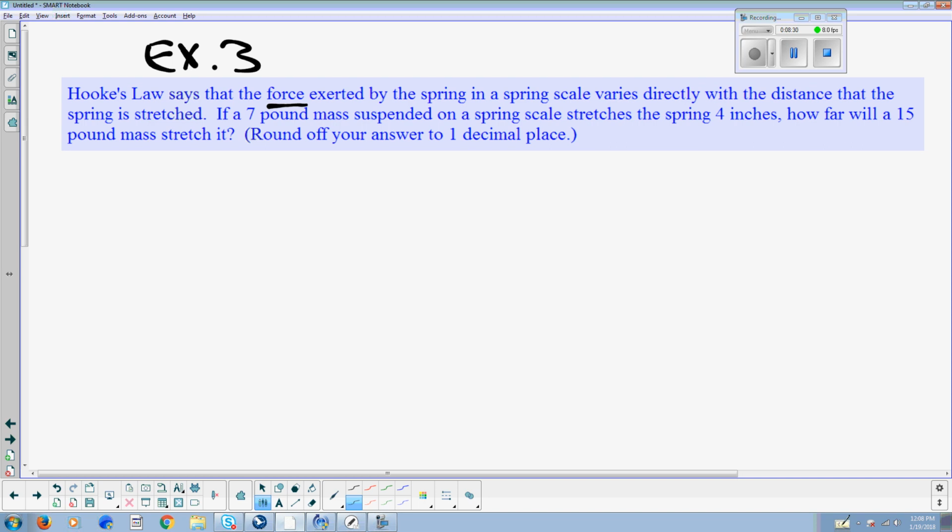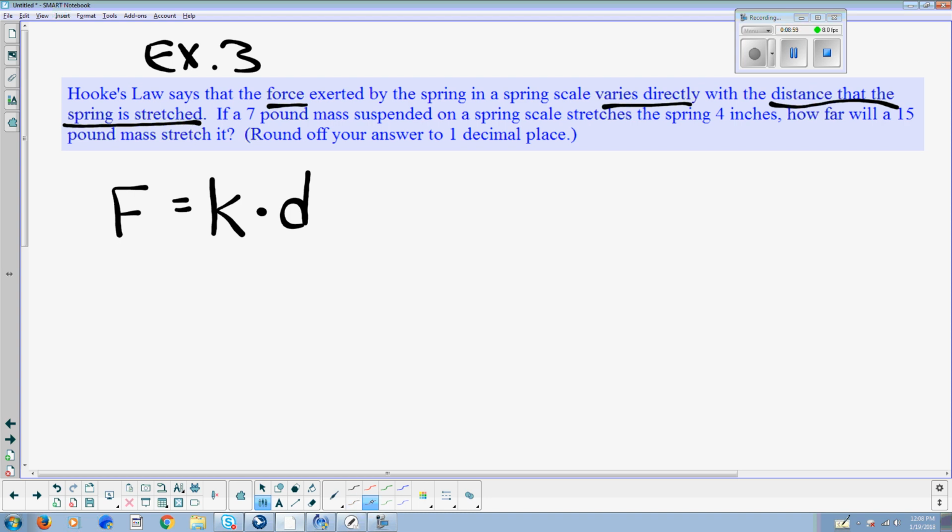The force, which you can call any letter you want, I'm going to go with F, exerted by the spring in a spring scale varies directly, so I'm going to get k multiplied by the distance that the spring is stretched. I'm going to call distance d. There is the formula that was described at the beginning of the problem.